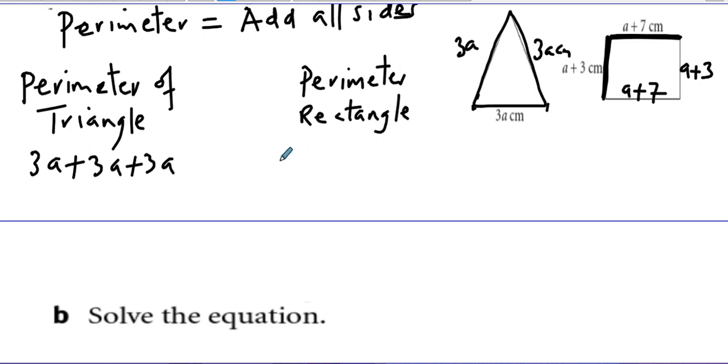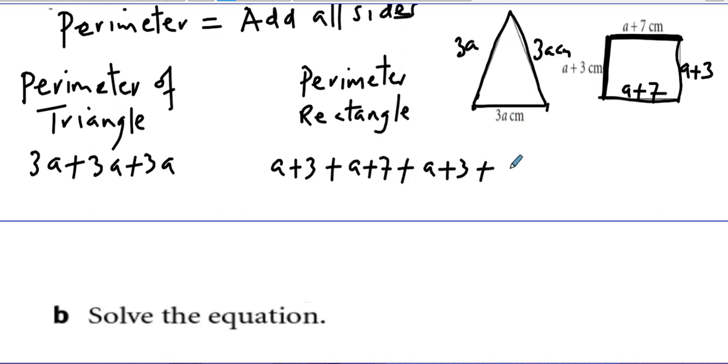So the perimeter will be a plus 3 plus a plus 7 plus a plus 3 plus a plus 7.